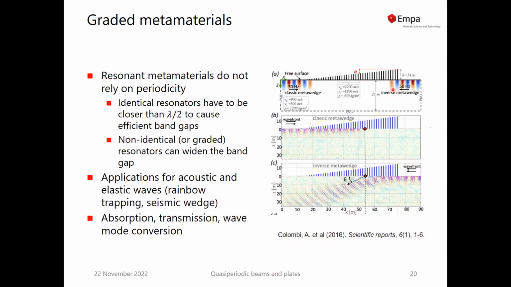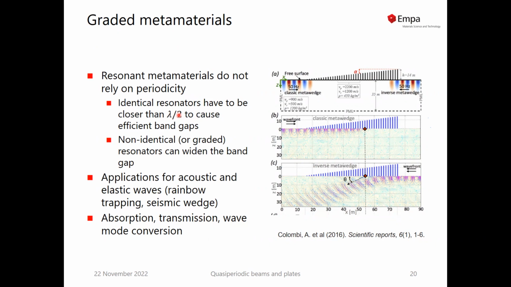Well, for resonant metamaterials, you typically don't need periodicity to achieve a band gap. The only thing you have to do is place the resonators closer than half a wavelength apart, and the band gap will occur anyways.